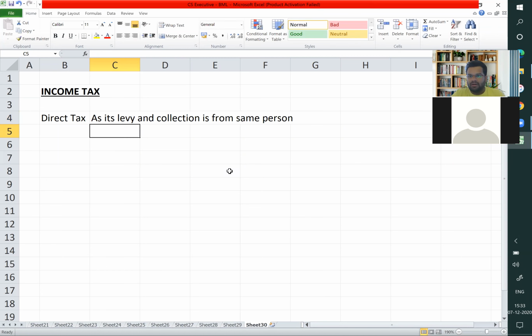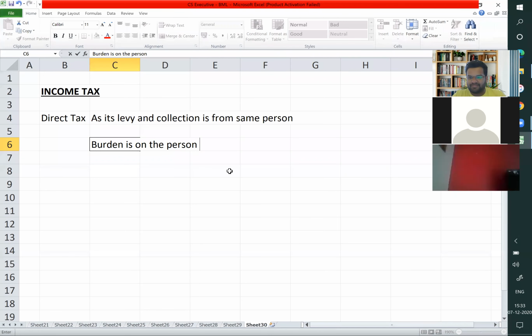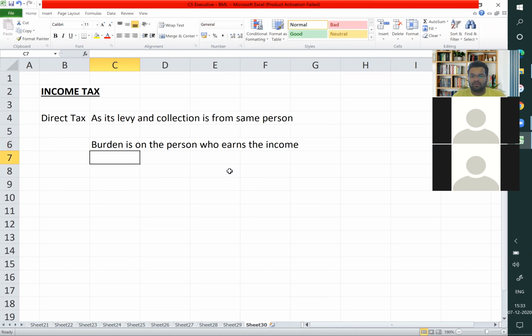Yes, even its burden is on the assessee. Its burden is on the person who earns the income. Don't worry about other things.